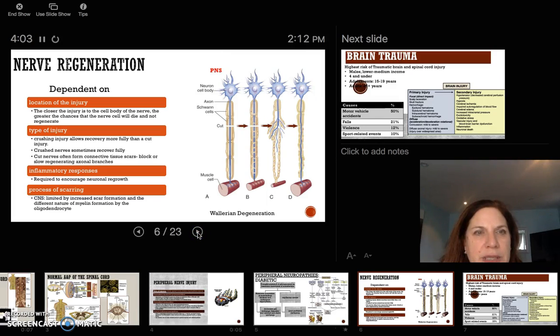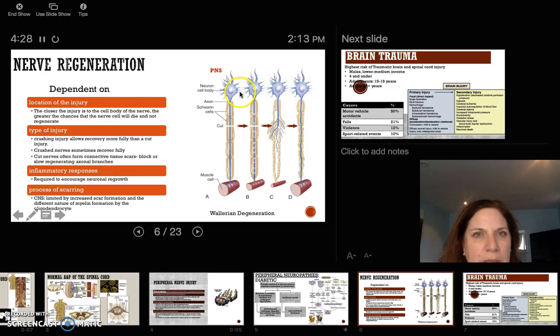Just going to switch the slide. So nerves can regenerate, depending on the location of the injury. The closer we are to the cell body of the nerve, so here, the greater the chances of permanent damage.